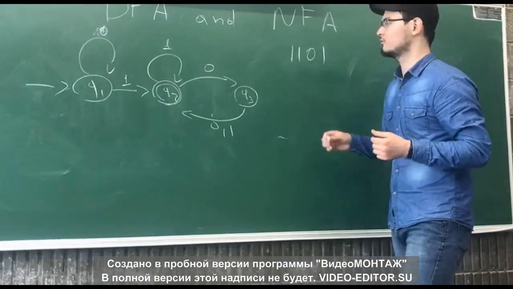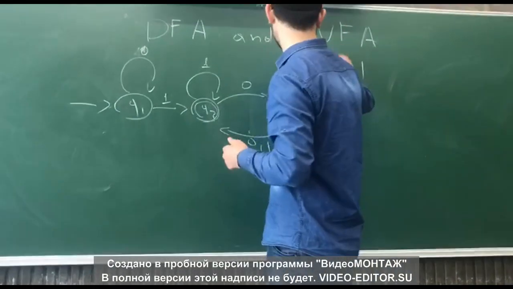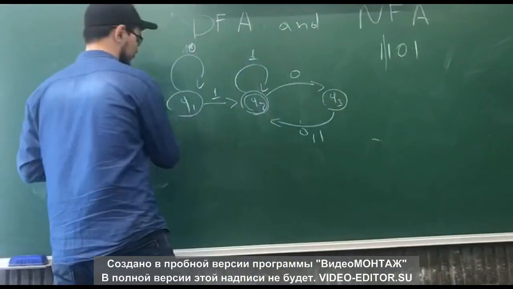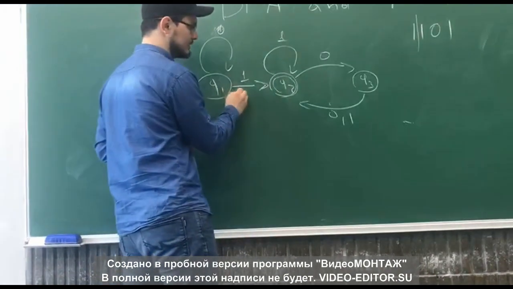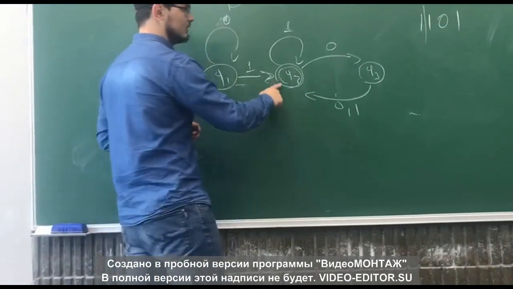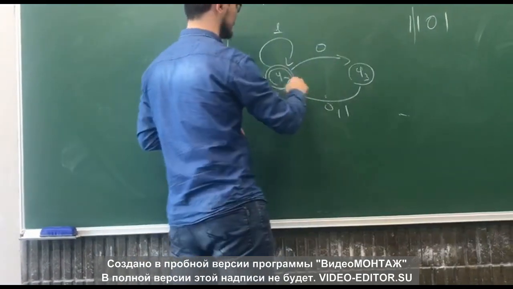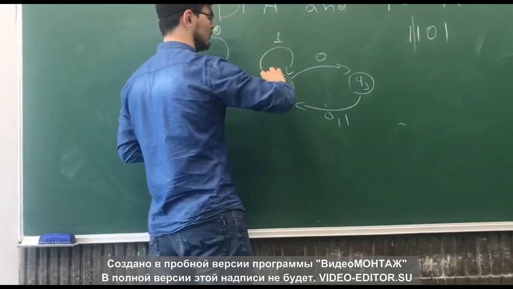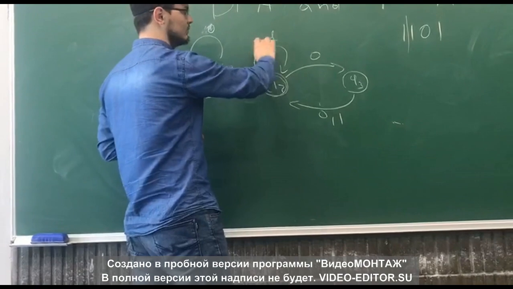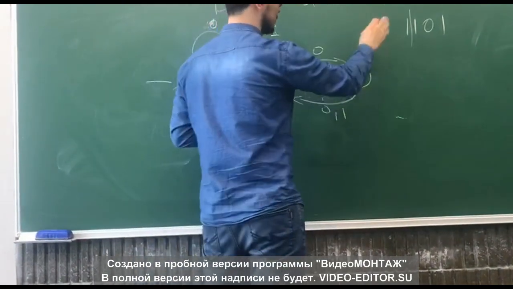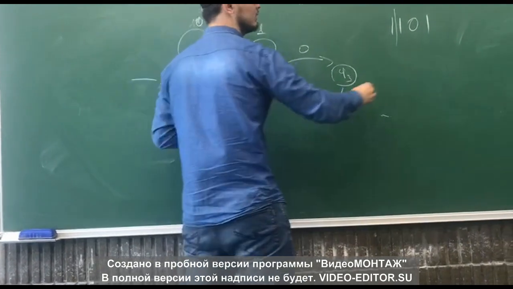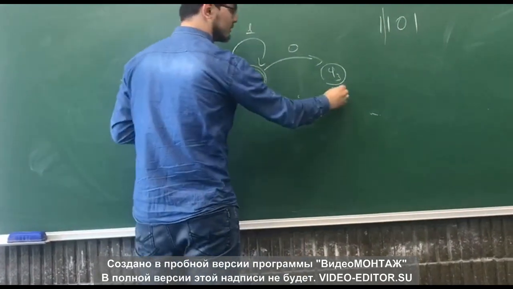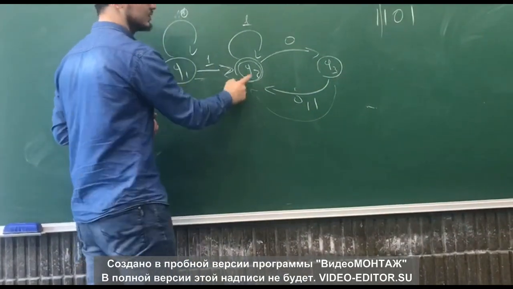For example, the first 1 moves by this state, and after that 1 again moves like this, and 0 moves to the Q3 state. After that 1 moves to the accepted state.